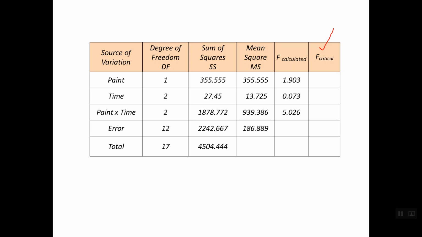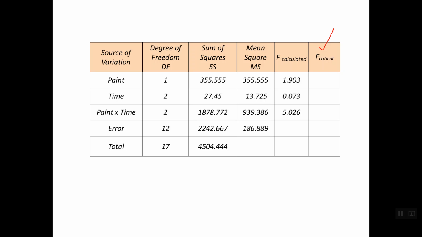In order to get the value for the F critical, we should know three values. The first is the significance level, which is already 0.05. The second is the degrees of freedom for the numerator. And the third one is the degrees of freedom for the denominator, which is the degrees of freedom for the error.